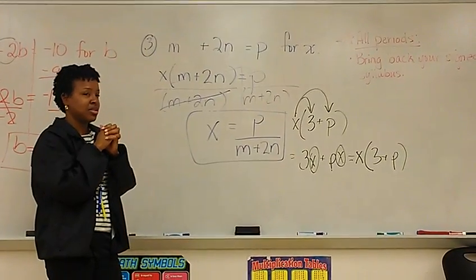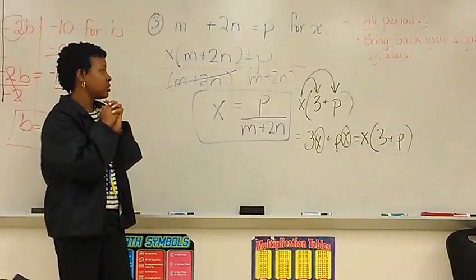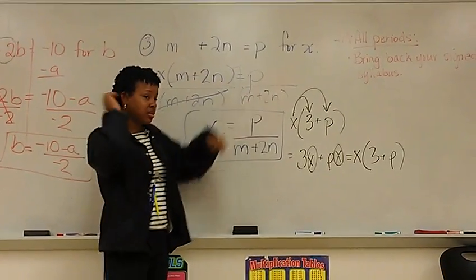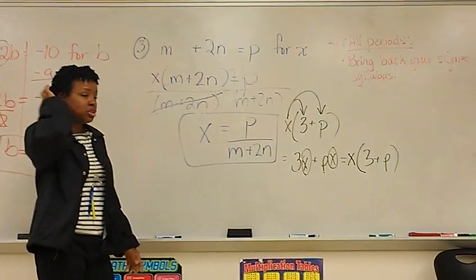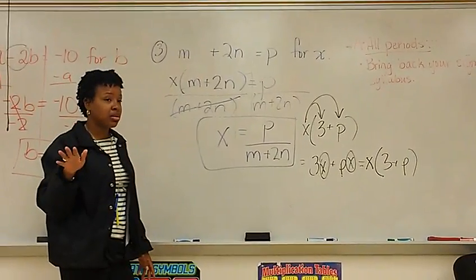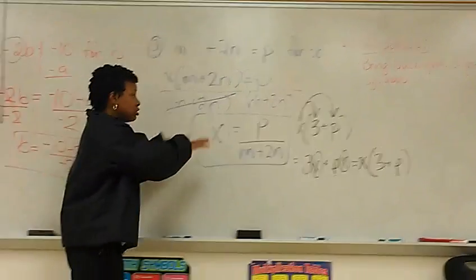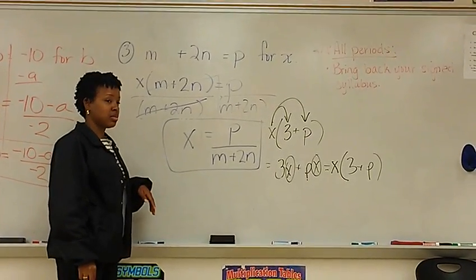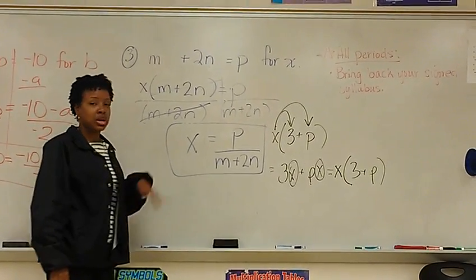What? Tell me. Where do I lose you? Is it because you're dividing by M plus 2N? You just write it. There's nothing to figure out. There's no answer. That's it. Whatever you get, that's what you write. Okay? You got time to practice.